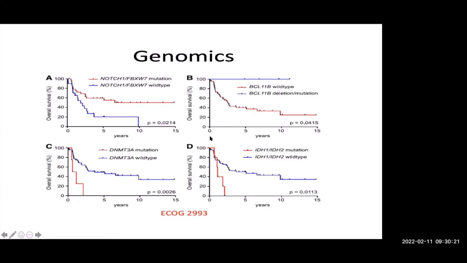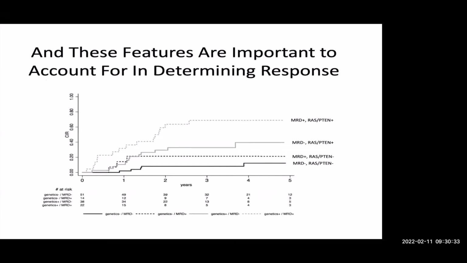Other risk factors associated with inferior outcomes are IDH1 wild type, BCL2 deletions, and BCL11B deletions. And as we have already seen, NOTCH1 wild type and FBXW7 wild type have inferior outcomes.